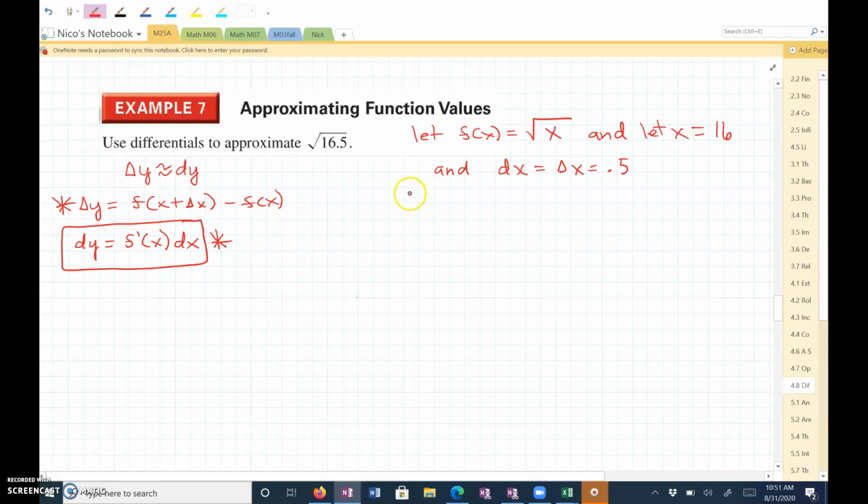Notice that if I took f of x plus delta x, that would be f of 16 plus 0.5, which would be equal to the square root of 16.5.